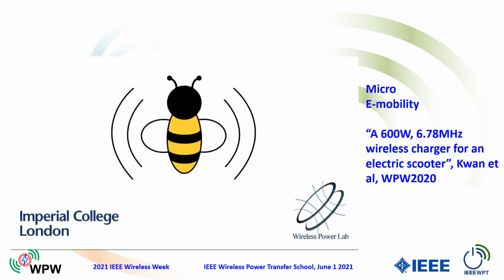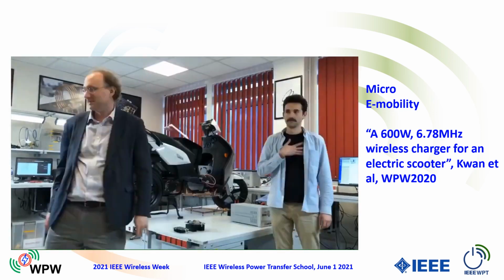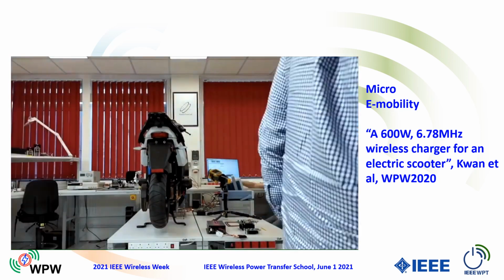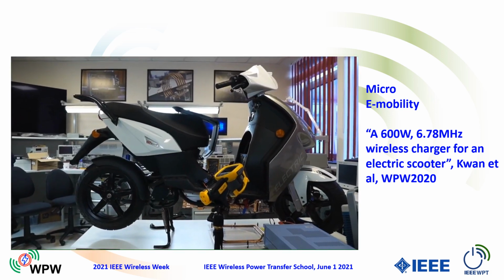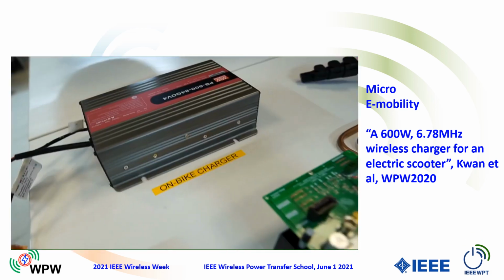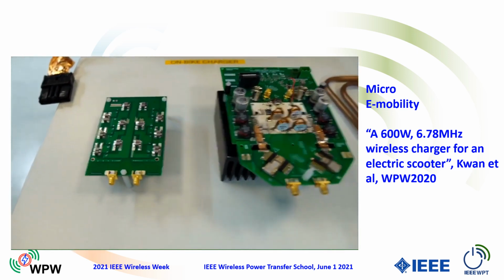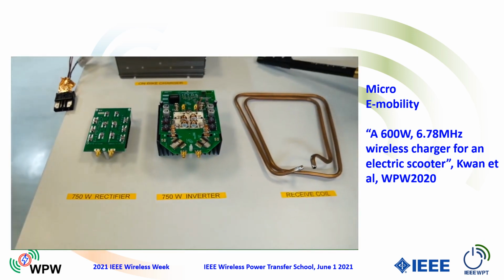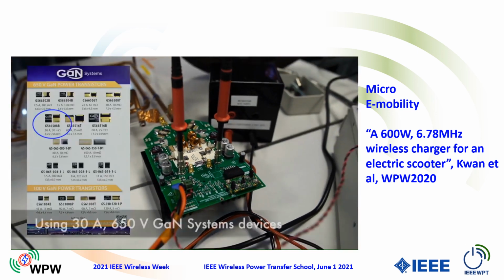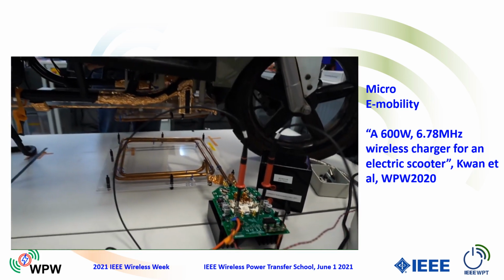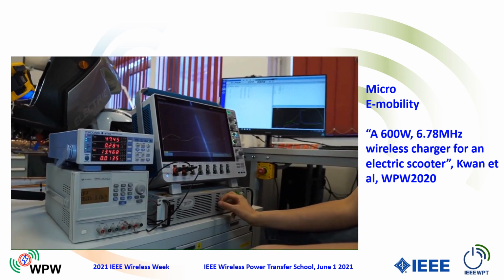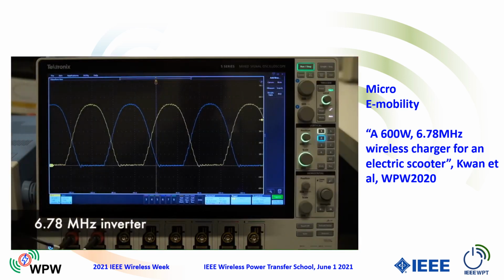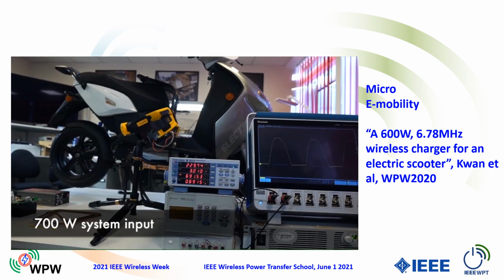We've also worked on scooter charging, and you can see here in my laboratory a ride-on electric scooter. This is actually a scooter made by a company called Govex, and you can see here that we've got a GaN-based inverter, and we're charging this scooter at about 600 watts, with copper coils, and we're able to get high efficiencies over a relatively large air gap to coil diameter ratio, operating the system at 6.78 megahertz.